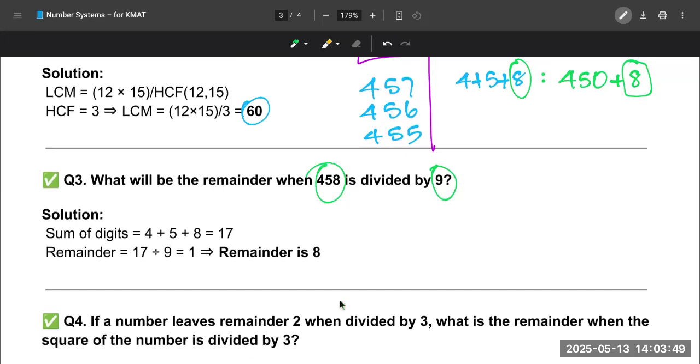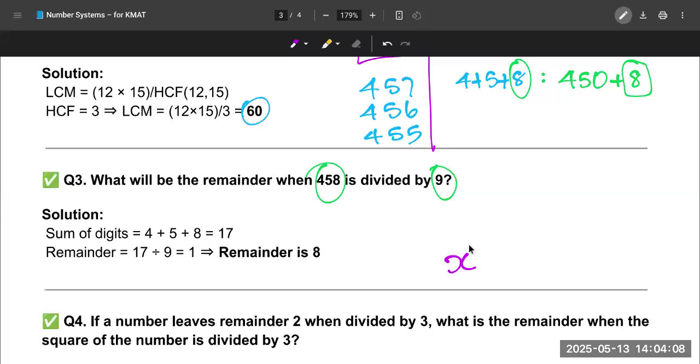A number leaves remainder 2 when divided by 3, and we find the remainder when the square of the number is divided by 3. So we first take the number as x. It says it leaves remainder 2 when divided by 3.